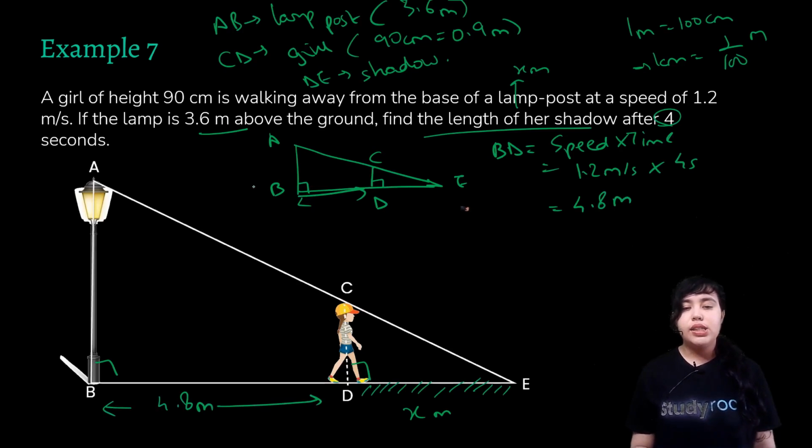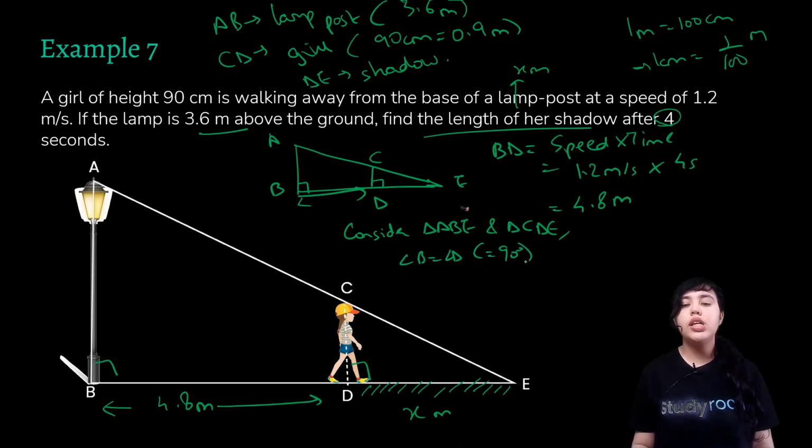Then consider triangle ABE, this entire huge triangle, and triangle CDE. Now you know that angle B and angle D are equal. I told you that these angles are equal to 90 degrees because you can state the reason that the girl and the lamppost are standing vertical to the ground.